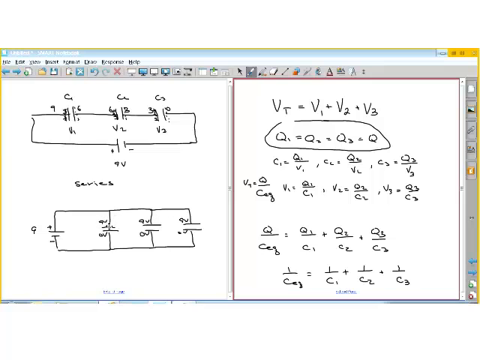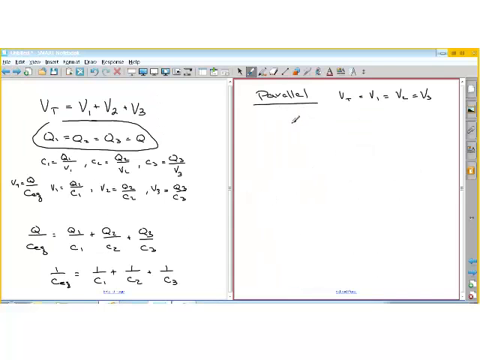Because there's nothing saying that we can't have a different amount of charge on this plate than this plate, and a different amount of charge on this plate. The only reason they were the same here is because they were connected. Here they're not connected. They're connected in that they have a common voltage, but they're not limited to the same charge on each capacitor. So we can say that the total charge on all three capacitors is the sum of the charges individually.